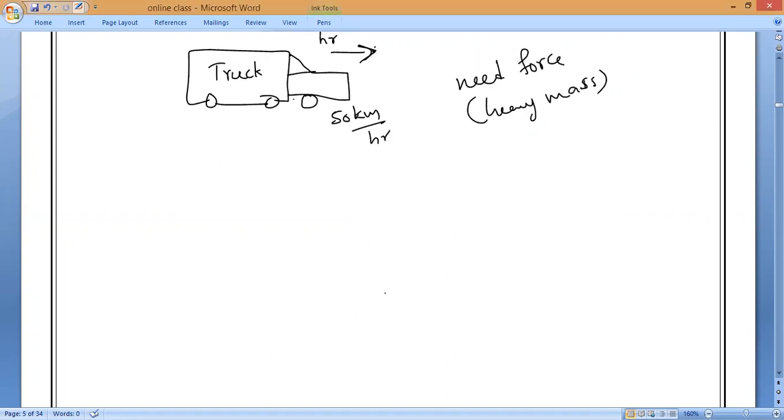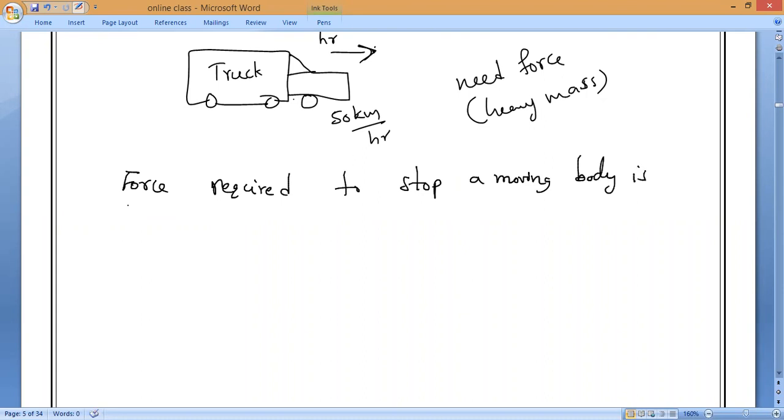So that is the conclusion we have made. The force required to stop a moving body is directly proportional to whom? The mass of the body.